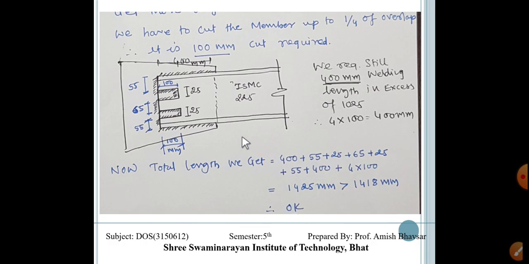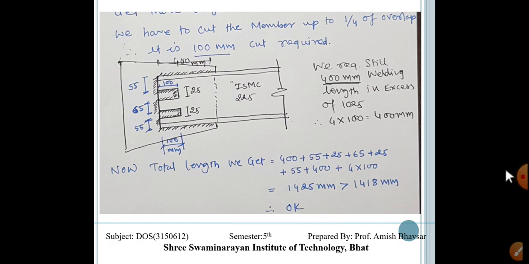Again 55 and 400, and 4 times this 100. Now the calculation of this is around 1425, which is greater than 1418 mm. Now it is okay to resist the 750 kilonewton force.